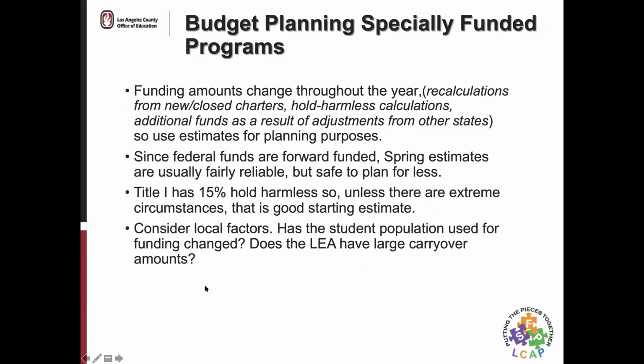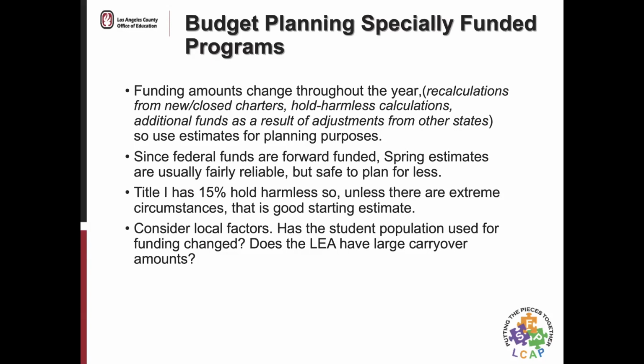First of all, funding changes throughout the year. There are a lot of factors that change funding. So how do I budget? Some of the changes are at the federal level, and they could be a result in changes in other states. Something happens in another state, they're not using their money, trickles down, suddenly we get more money in one of our programs.